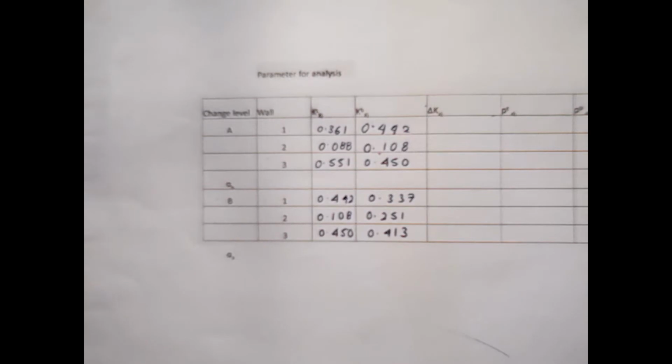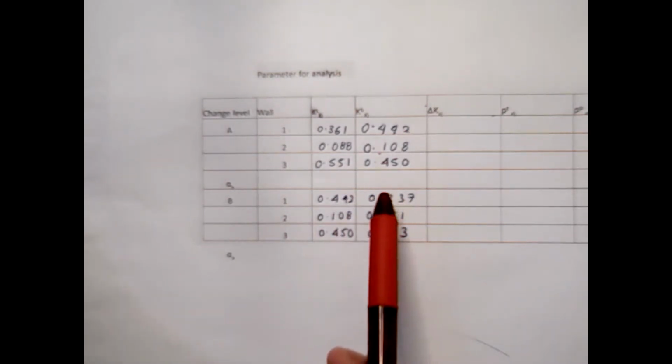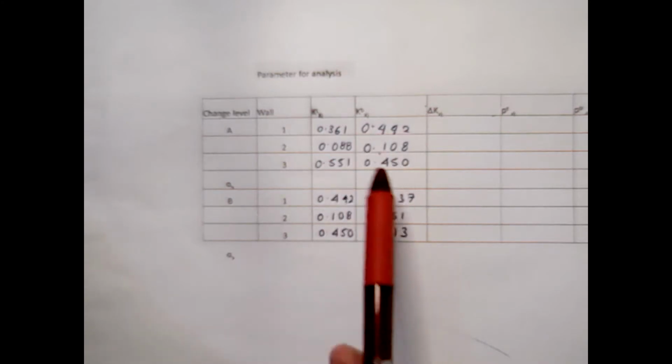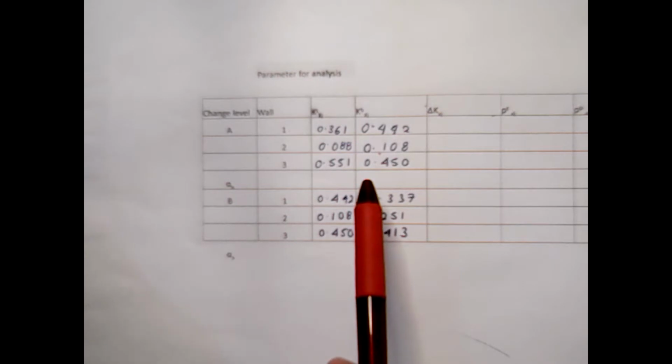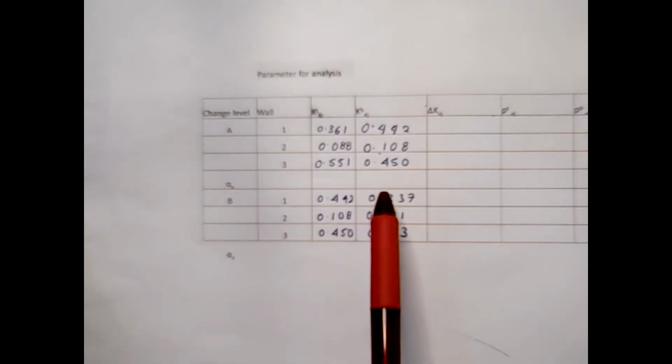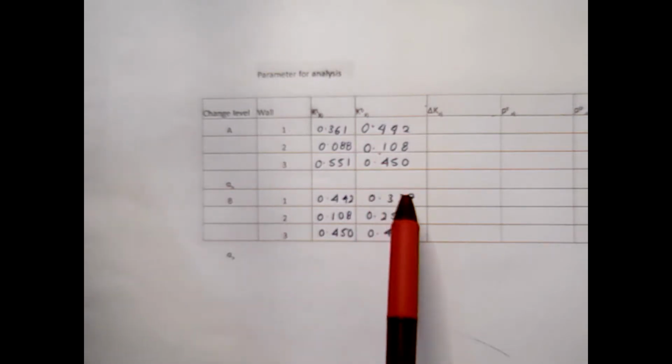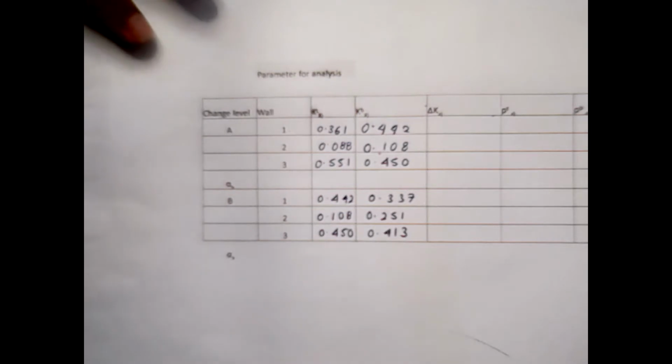So basically you have calculated your distribution factor. What is the use for this distribution factor? The use is to calculate the primary moment at top and bottoms. So now let me show you how you can do that.